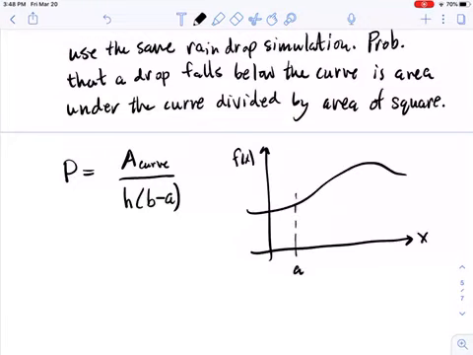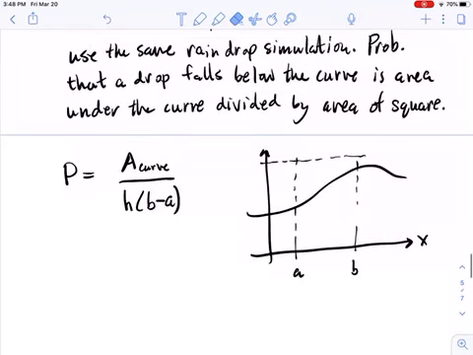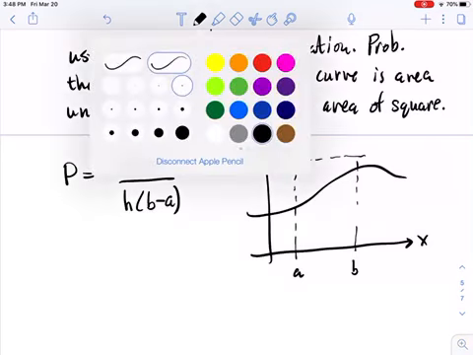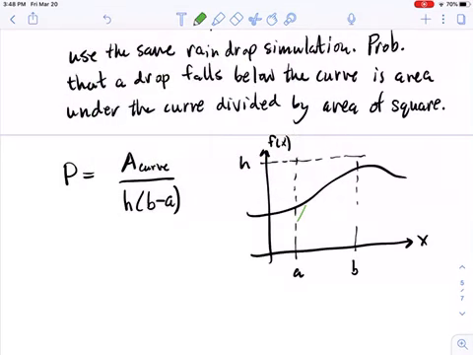There is some lower limit of integration and an upper limit of integration, and we define some height, which is going to be h. So this is h, and this vertical axis is f of x. So a curve is equal to this area. This is a curve.